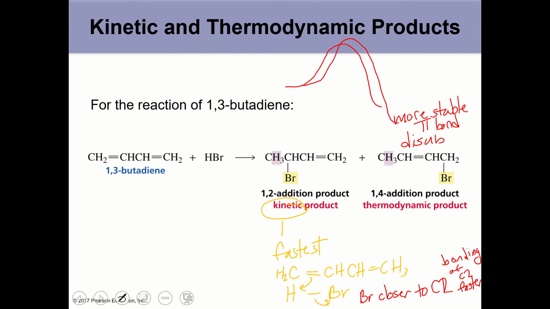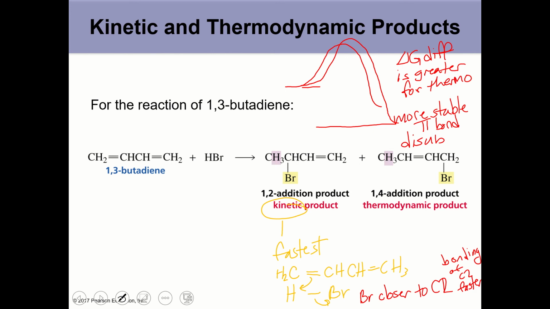And so the 1,4 product has the larger delta G, and that's why it's called the thermodynamic product. So the delta G difference is greater for the thermodynamic product.